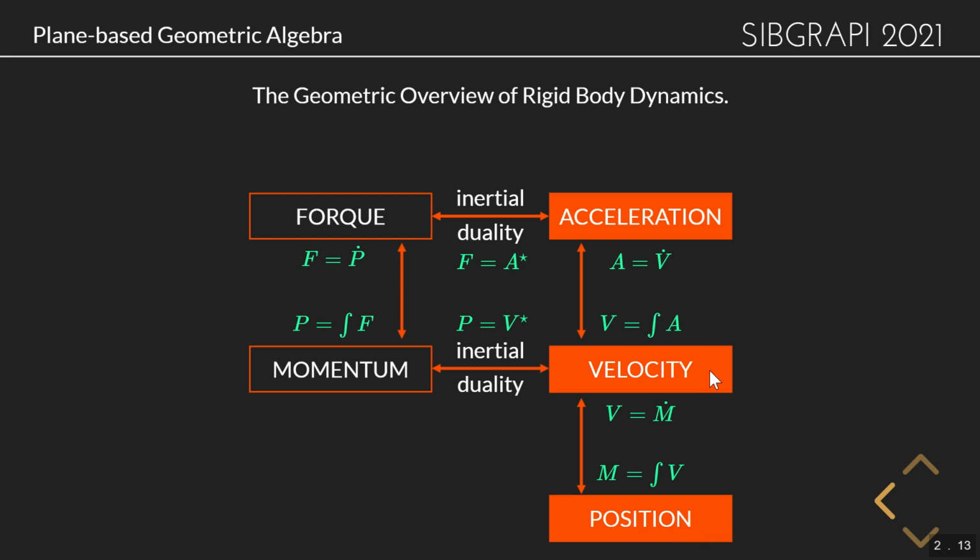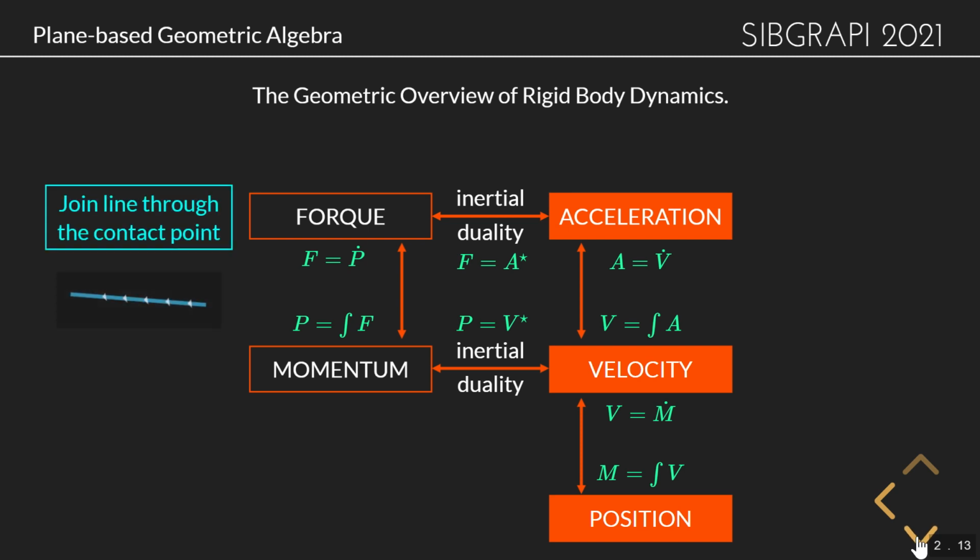And this is linear and angular combined, so position is really position and rotation. And then the geometric picture, we've already said so, all of the forks are join lines through the contact point. So you can't have an easier way of doing this than just say, okay, you want to push somewhere, you take that point, you join it into a line with some other point, and this is your force acting at that point in the body.